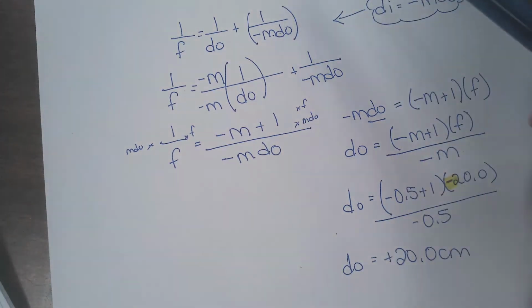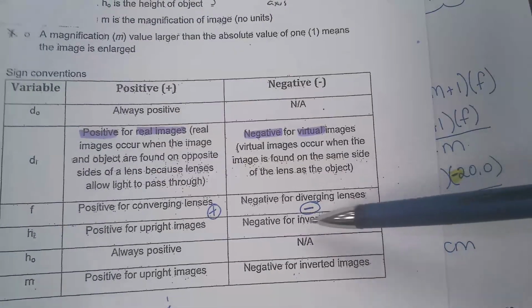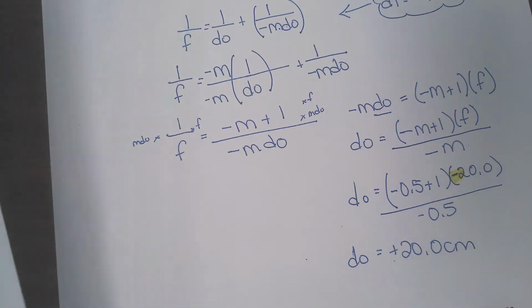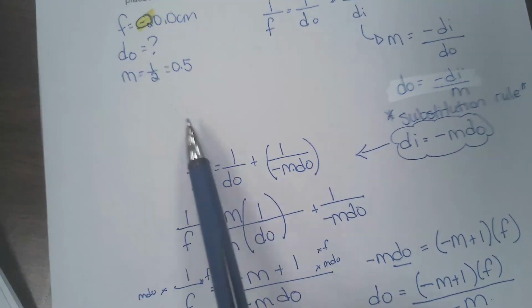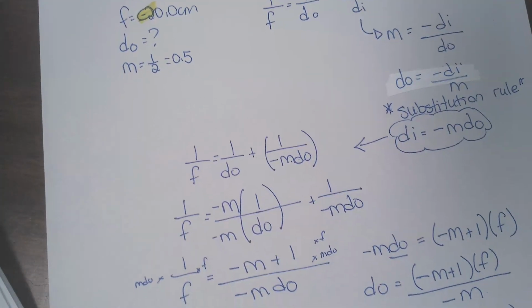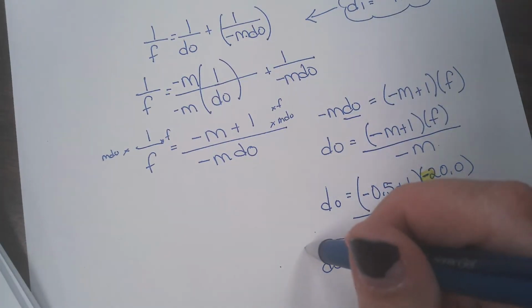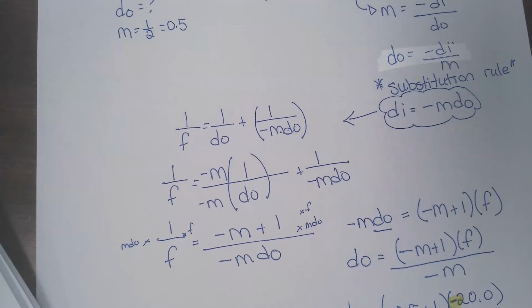Upright has to be a positive number, and it is positive. And it has to be half as tall, which we said was 0.5. So it's smaller. This satisfies all those pieces: virtual, upright, and half as tall.